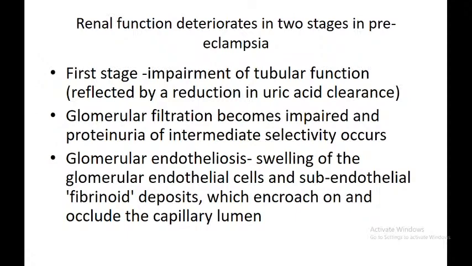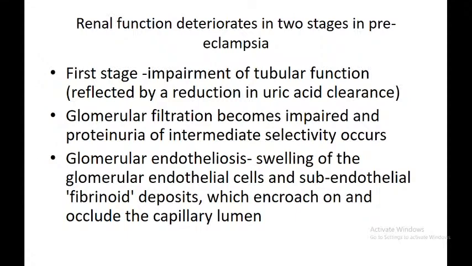And the most characteristic feature that we see in preeclampsia in the renal system is the glomerular endotheliosis. This is nothing but the swelling of the glomerular endothelial cells and subendothelial fibrinoid deposits which encroach on and occlude the capillary lumen.